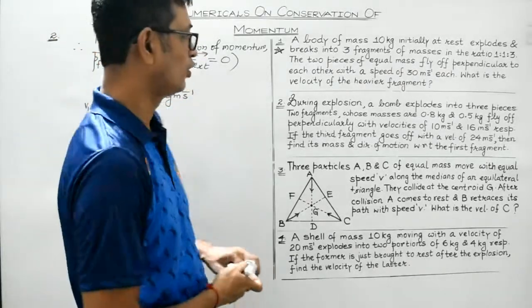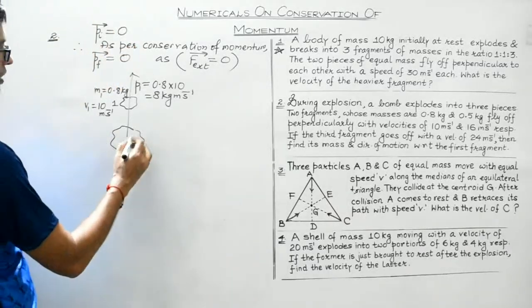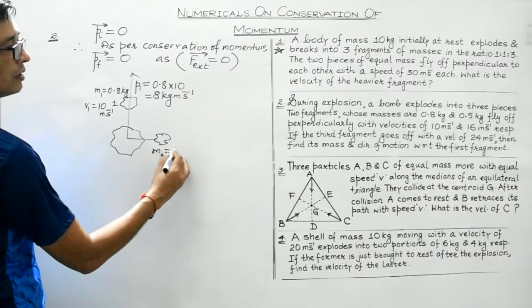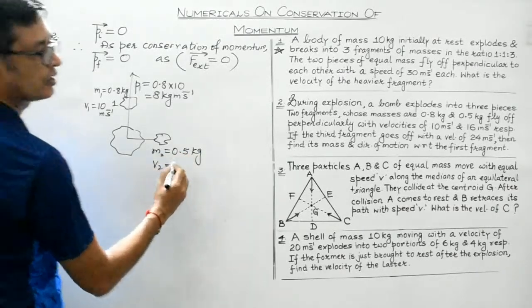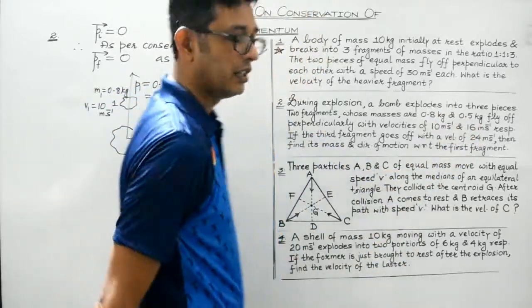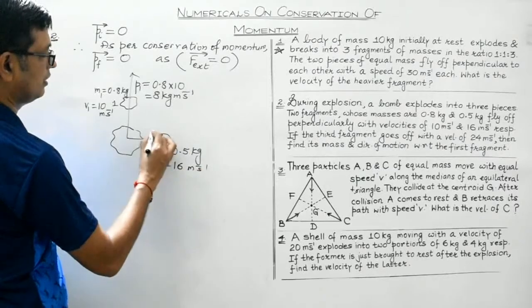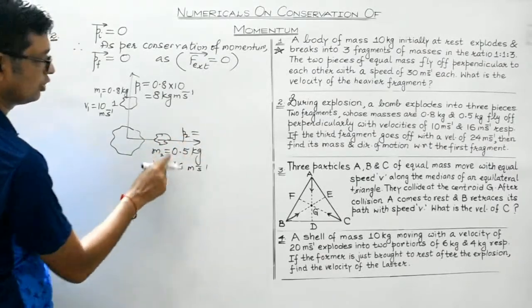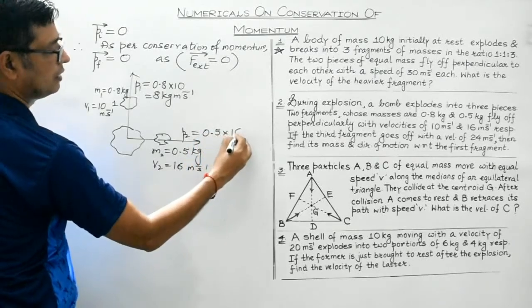Fine students? Okay. Second one is of mass 0.5 kg and fly off perpendicularly. This is the second one. Its mass is 0.5 kg and its velocity is given to be 16 meter per second. So its momentum P2 would be equal to mass into velocity, that is 0.5 multiplied by 16.